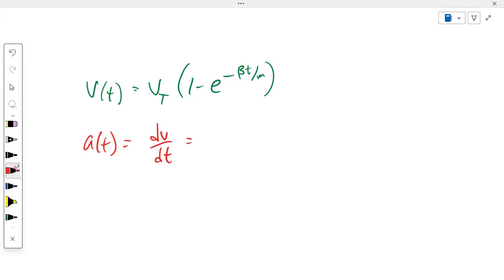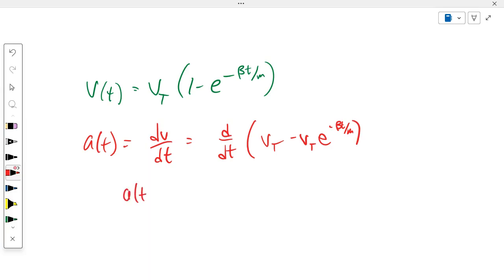This is really like saying let's differentiate vt minus vt e to the negative beta t over m. So this is a nothing because that's a number. So we differentiate this part, right, with the negative in it. This part with respect to time, we keep what we start with.